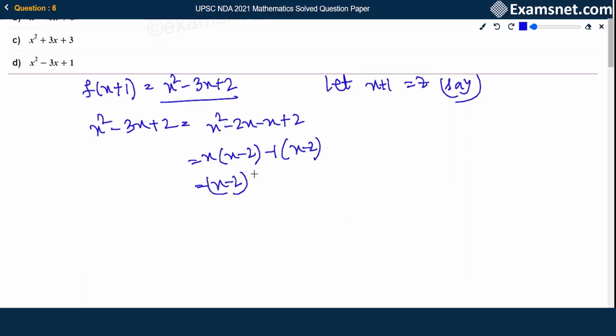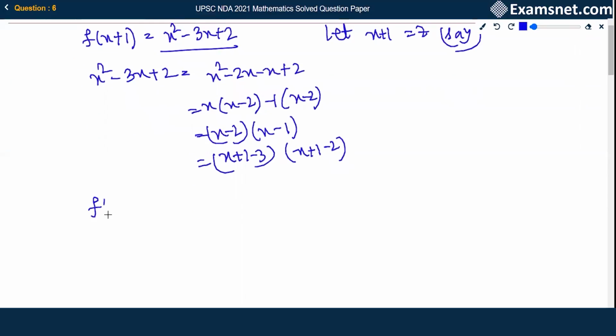So the factors are x minus 2, x minus 1, correct? Now we can balance it in such a way that I can write this x minus 2 as x plus 1 minus 3, and x minus 1 as x plus 1 minus 2. Okay, now let's put it here. F of x plus 1 equals to x plus 1 minus 3, x plus 1 minus 2.